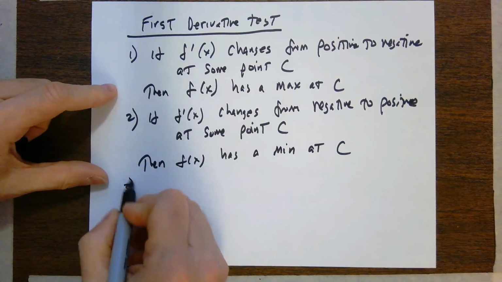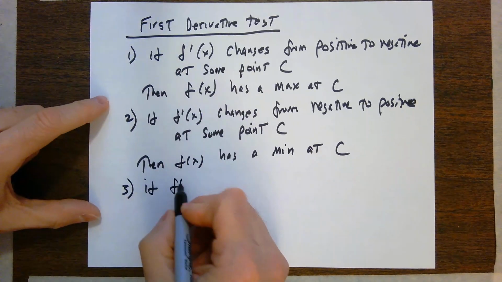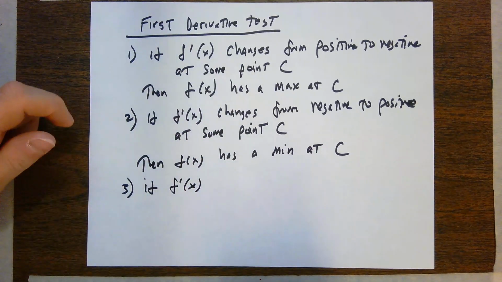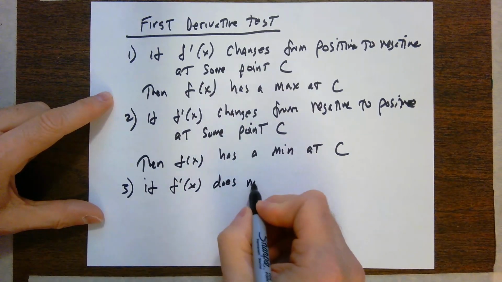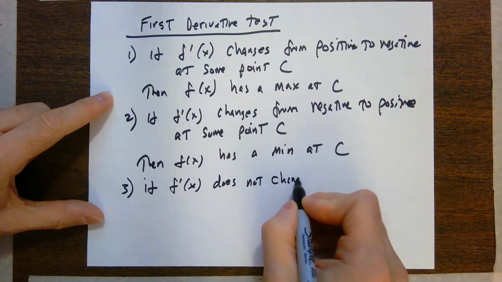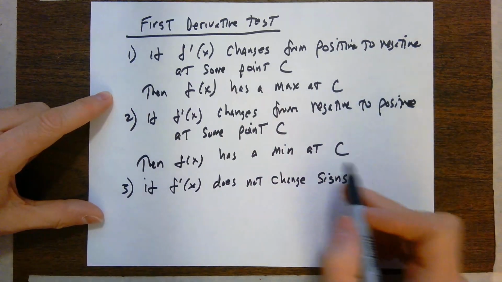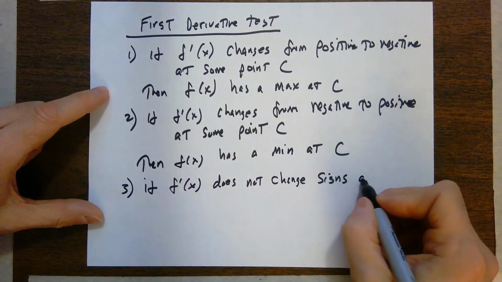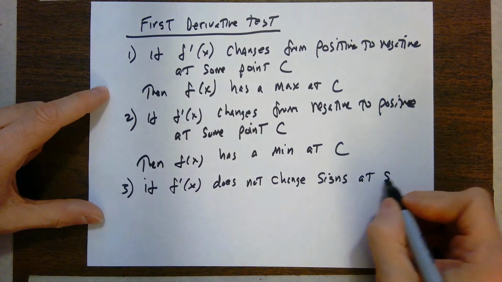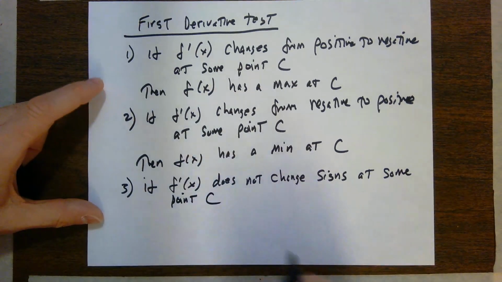But now there's another possibility here. What happens if the derivative does not change signs, does not change signs from negative to positive or from positive to negative at some point C?